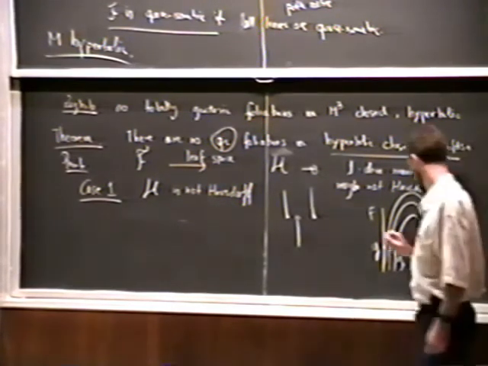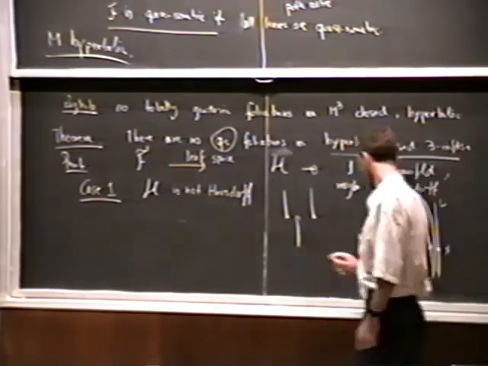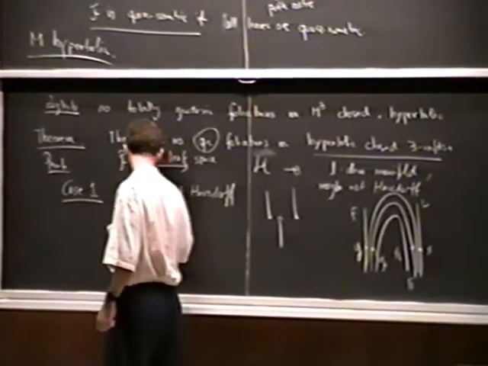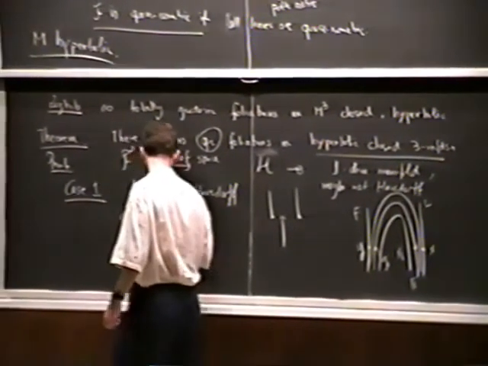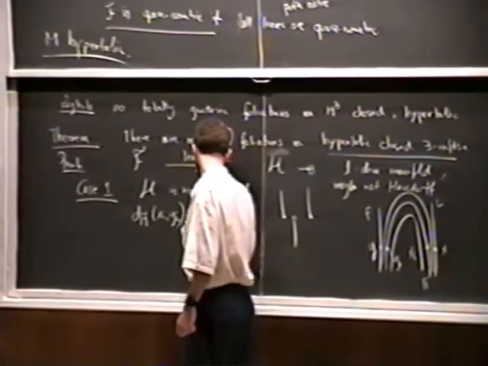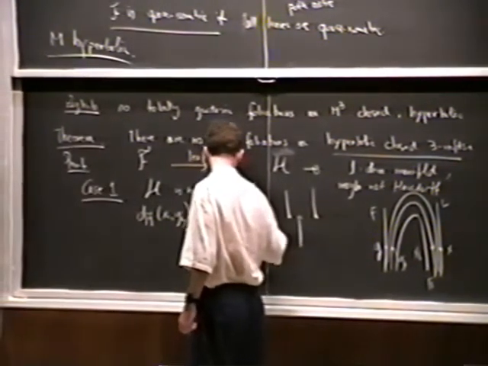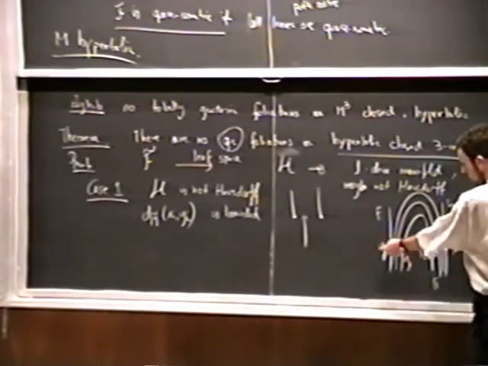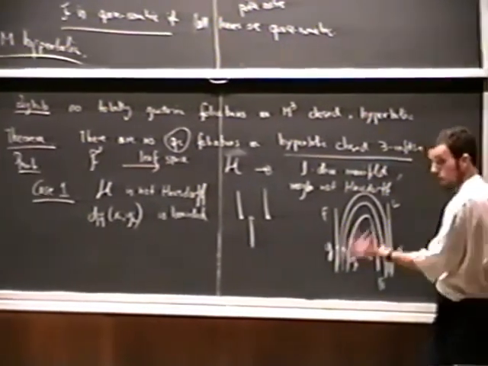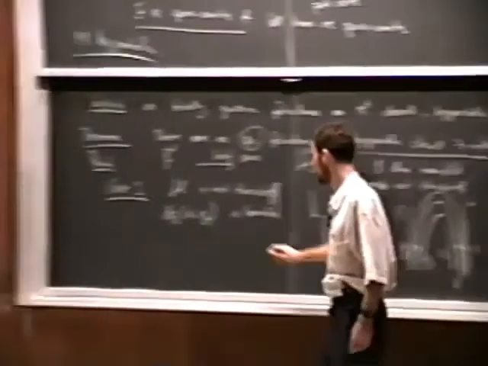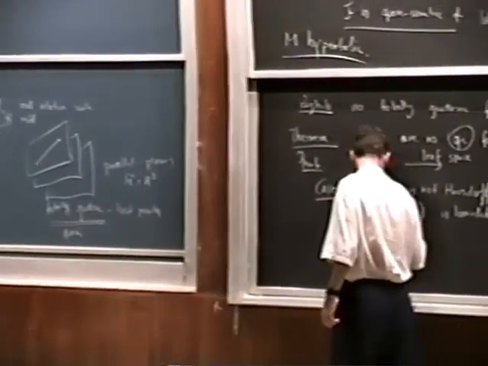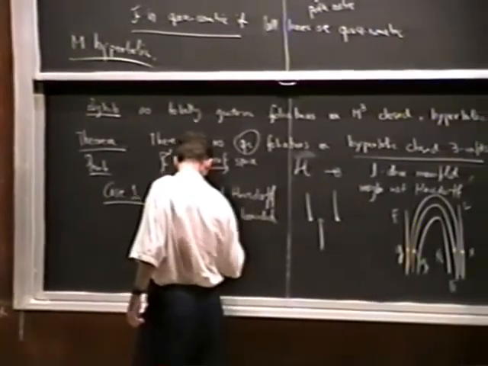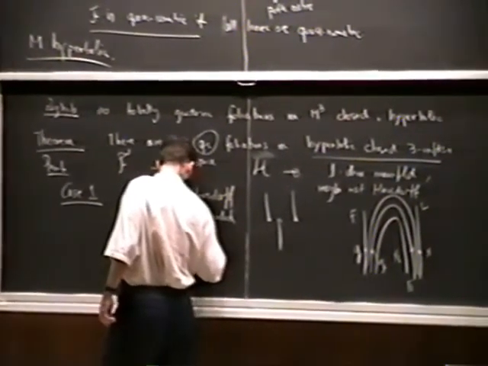Okay? So the distance in the ambient manifold between X_i and Y_i is bounded, because X_i converges to X and Y_i converges to Y, so the distance between X and Y is finite, therefore this is bounded. Now the distance between them along their respective leaves is converging to infinity.